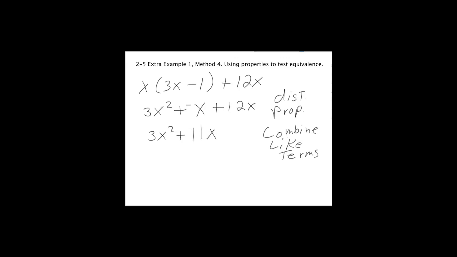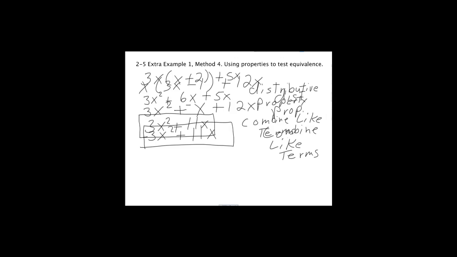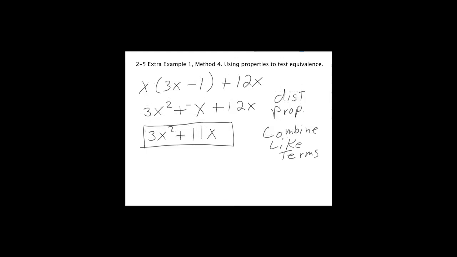And what I see here is that for these two, in fact I have the same thing, the 3x squared, 11x, 11x. And in doing this, I've been able to show that our original equations that we had here, in fact, can be manipulated using algebra and show that they are in fact the same expression. And in this case, we've shown that they are always the same expression.